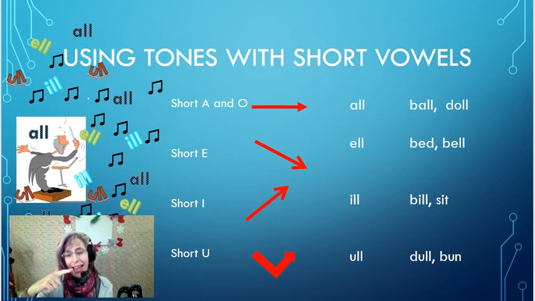A short A is ah, and especially in this all, it's flat. And apple, flat. Short E down, L, short I, ill, short U. So this is really helpful, especially between that short E and short I, where they're really not hearing a difference, and especially in their language where they make it a long E sound.